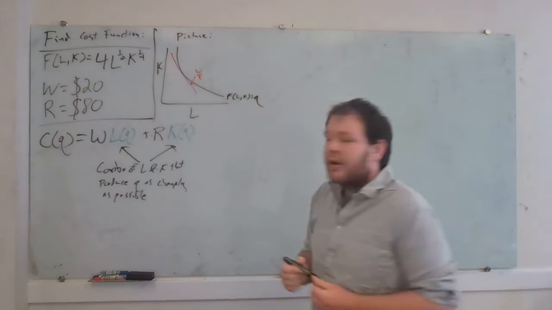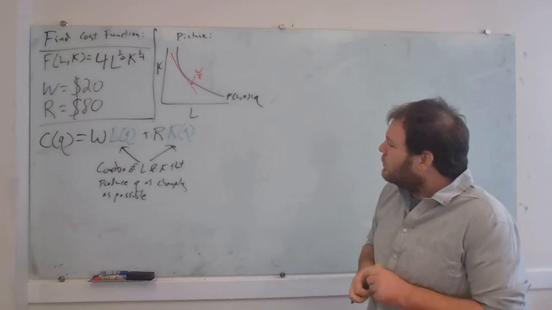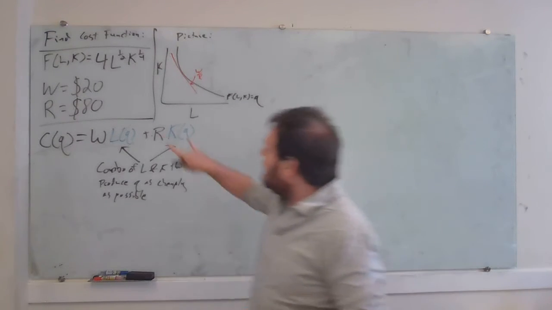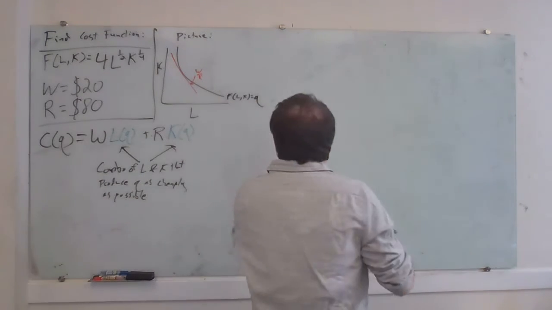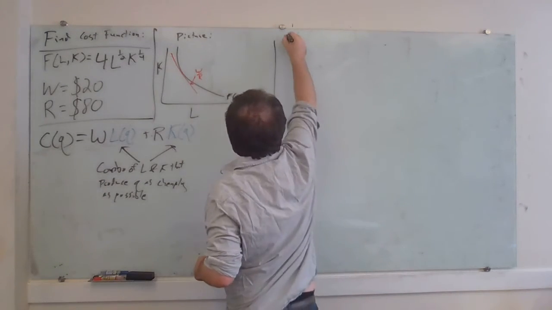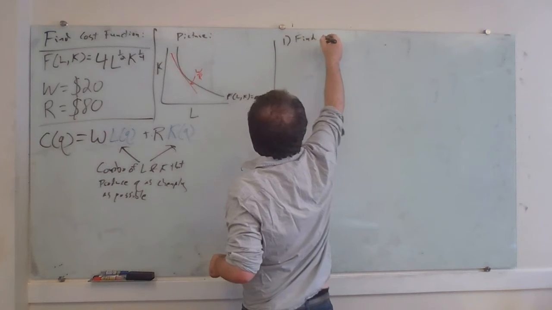So where are we going to start with our cost minimization problem? Where I would like to start is by finding our MRTS, trying to understand our production technology a little bit better. So let's first find our MRTS.